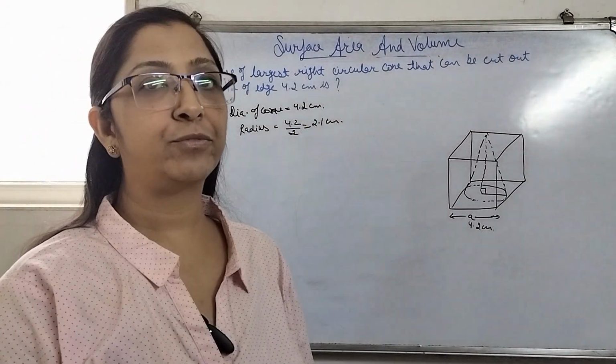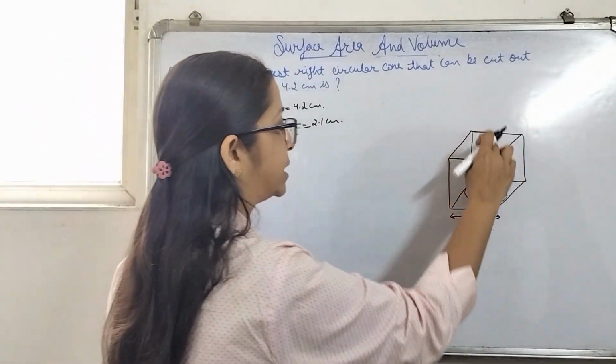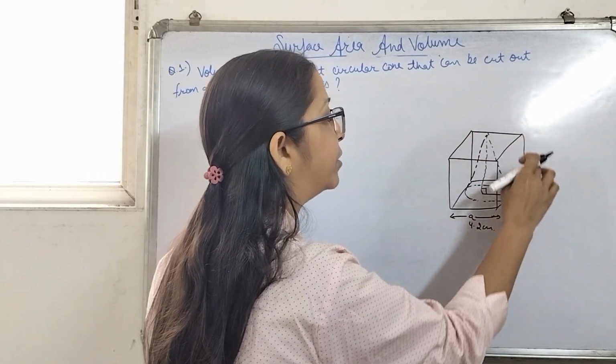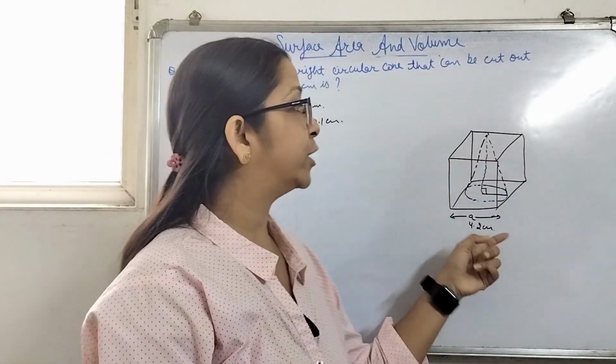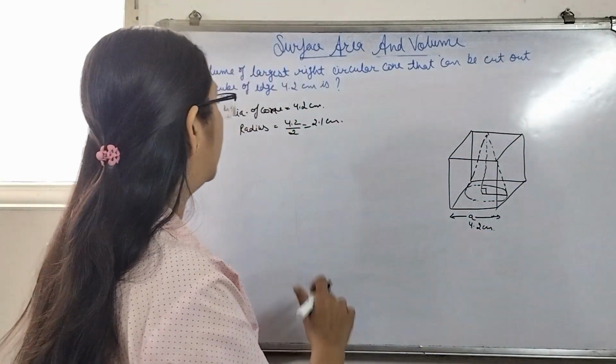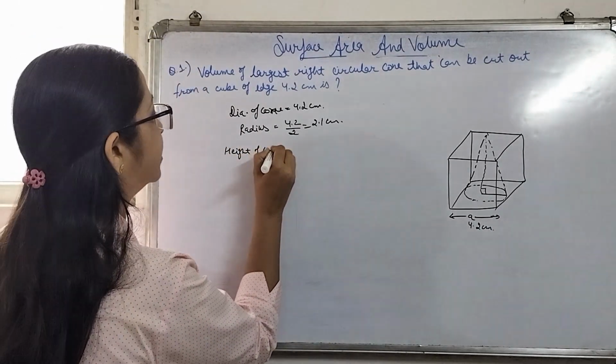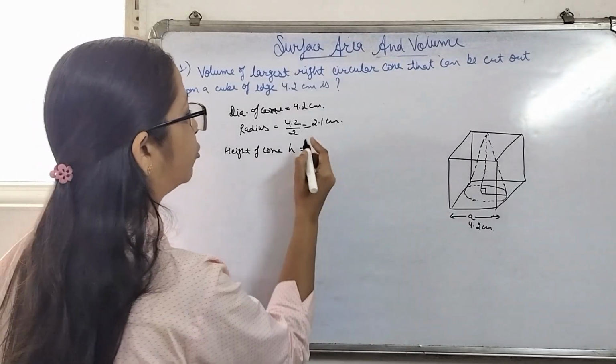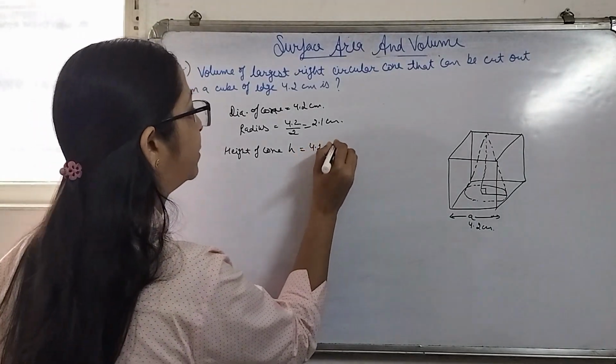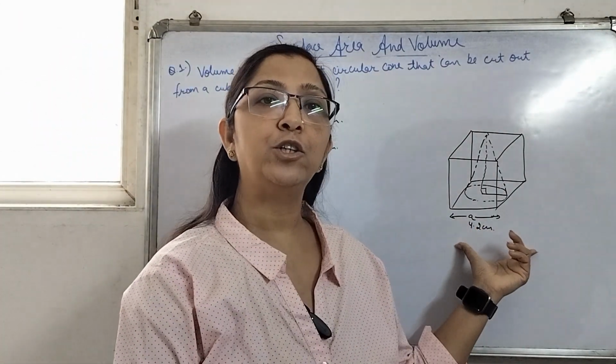From here we can see that the height of the cone is equivalent to the side of the cube. So the height of the cone, that is h, is equivalent to 4.2 centimeter, that is the side of the cube.